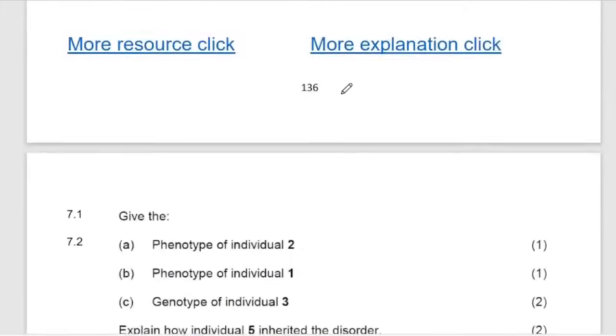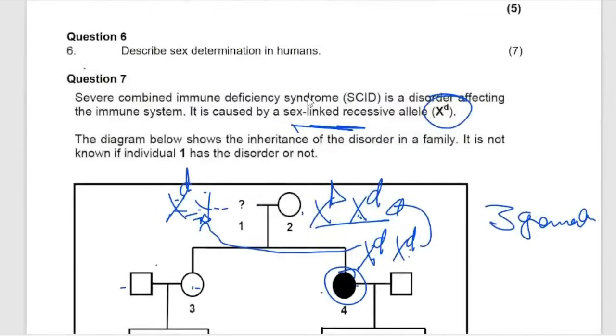Then the phenotype of one: we have identified that this person has produced a kid who is sick, therefore one recessive allele came from here, another recessive allele came from here. And remember, this is a male. Therefore, this individual is affected with the disorder.